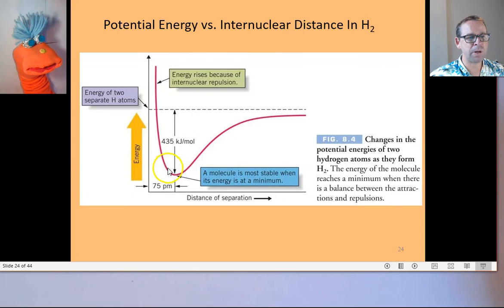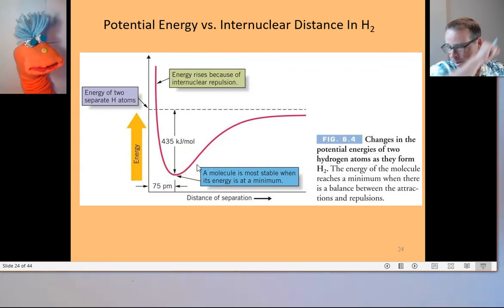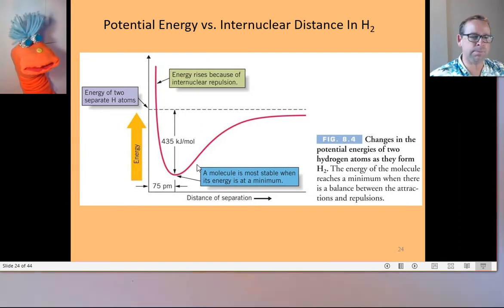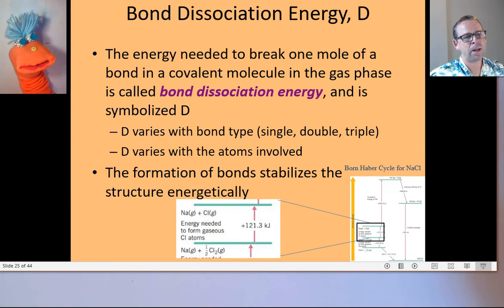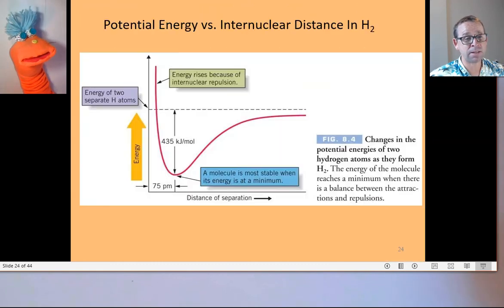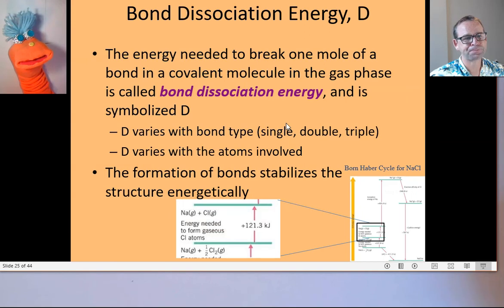But there is a sweet spot there where the energy is minimized. Bonds don't just stay stagnant there. They're always constantly stretching, right? We've talked about that. So going back and forth here, our bonds will stretch, and so that distance will slightly change as the energy is stabilized. Okay? The dissociation energy then is the energy necessary to separate these hydrogens completely apart from each other.